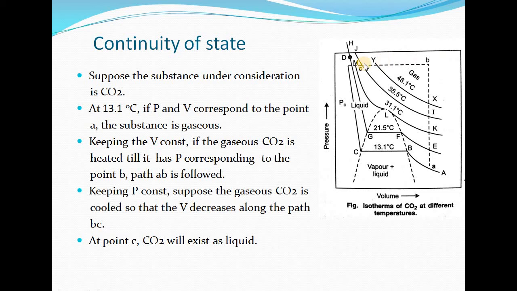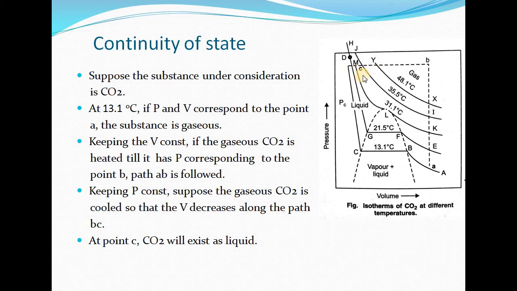Now keeping pressure constant, so that we are getting a horizontal line here, suppose the gaseous CO2 is cooled. So what will happen? Its volume will decrease. And we will see the volume is decreasing along the path BC.